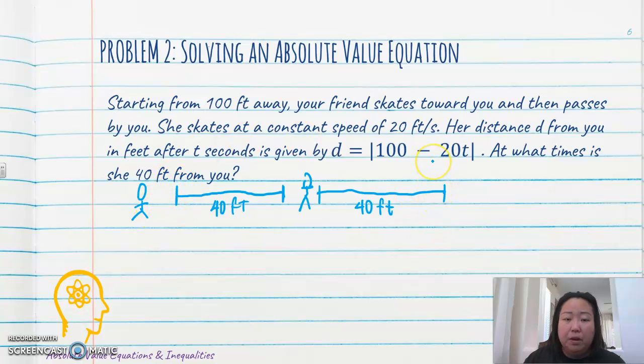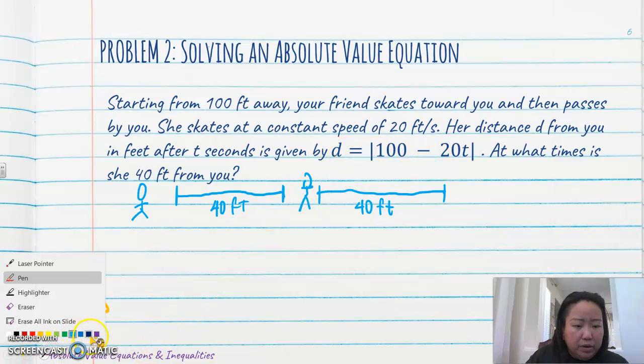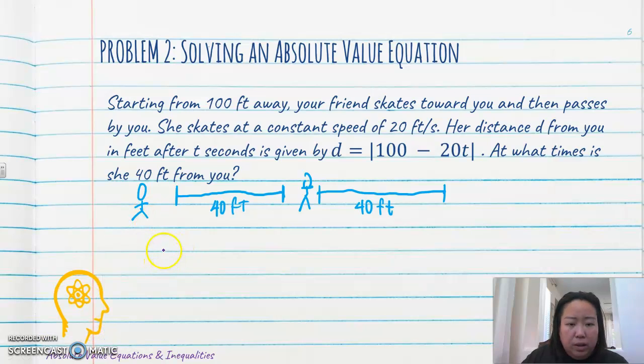Okay? Since our equation is given already for us, we will have the distance that we are looking at is 40 feet, and we need to solve for t.